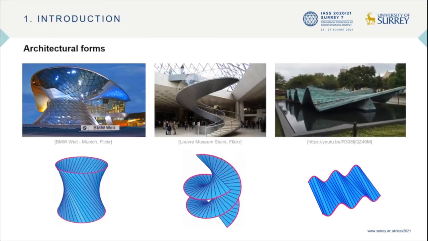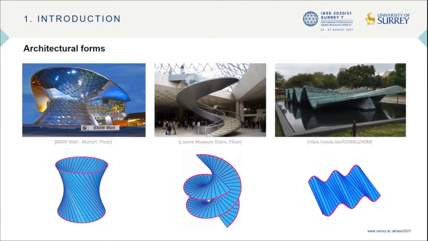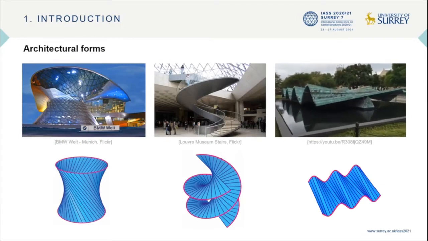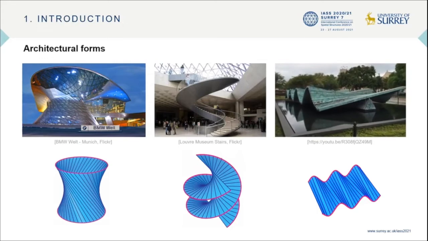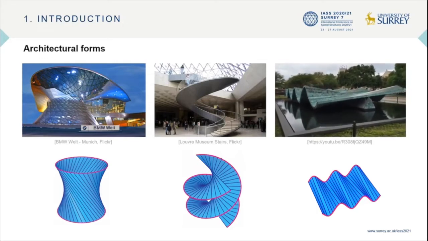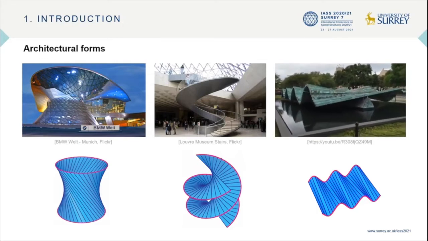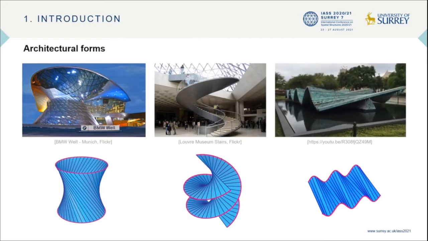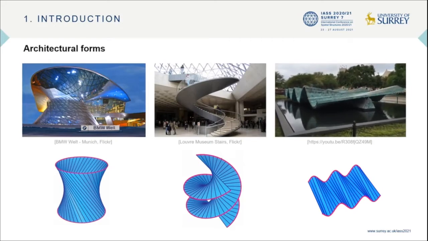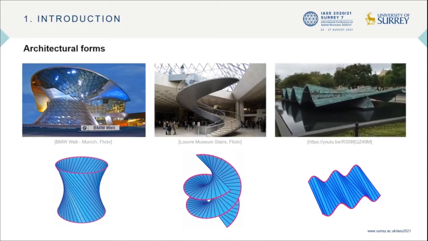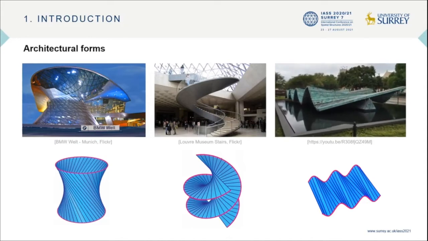For example, hyperbolic towers and spiral structures, as shown on the screen, can all be designed using the movement of straight rulings. Moreover, allowing the directrices to be movable can generate attractive connected architecture designs, such as the wave sculpture designed by Santiago Calatrava.